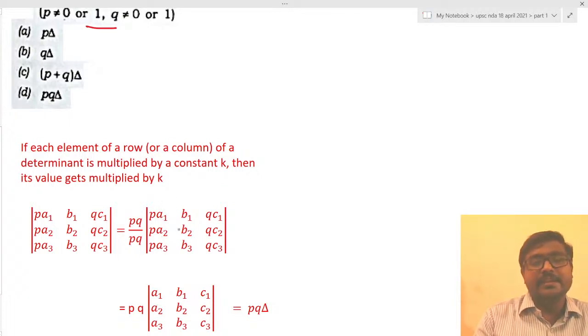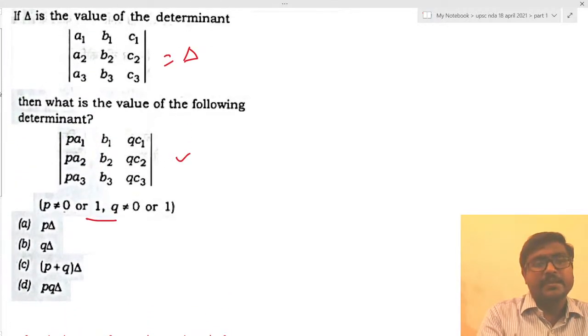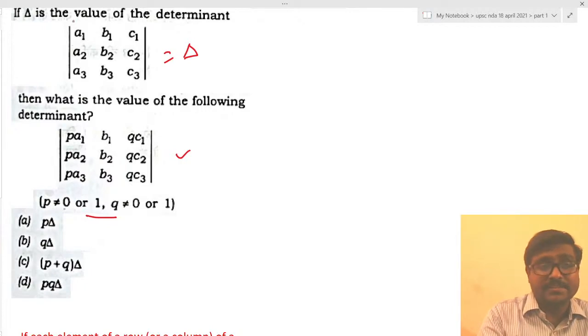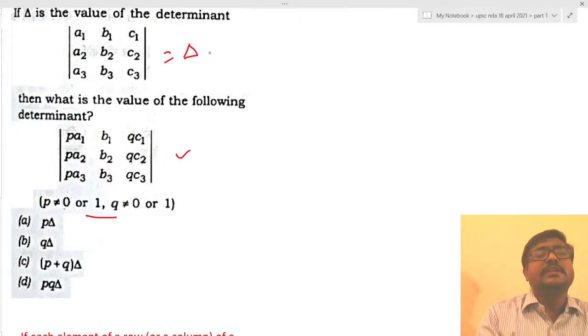If any particular row is multiplied with the constant k, the whole determinant value is multiplied by k. If you have a lot of practice, you can say the first column multiplied by p, so del will be multiplied by p. When I multiply the third column with q, del will be multiplied with q. So I can give the answer as option D, pq del, is the right answer.